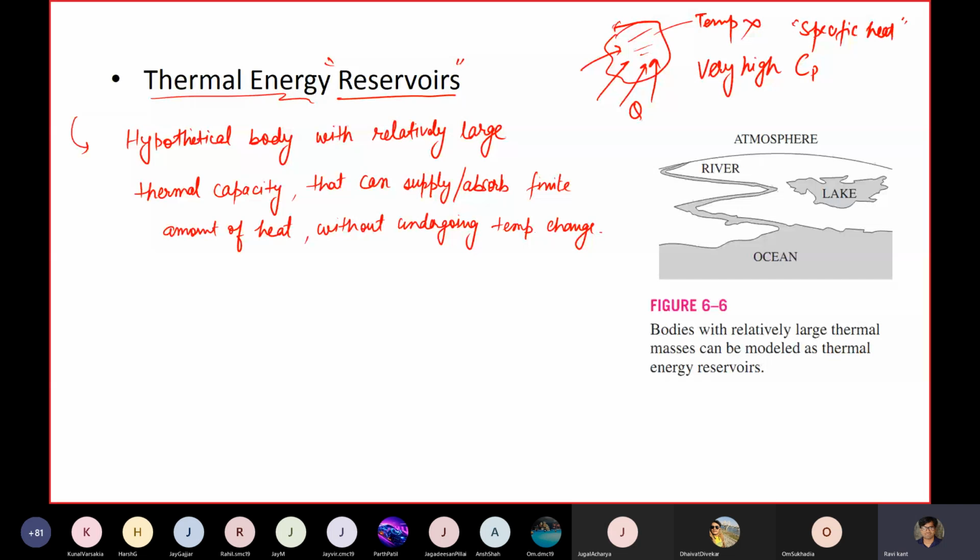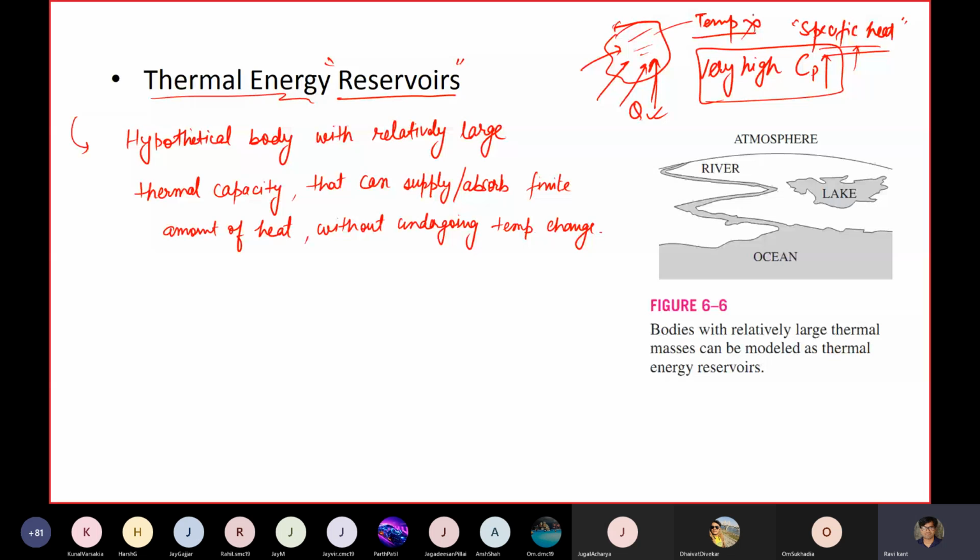Remember specific heat? The amount of heat required to raise a unit amount of substance by unit temperature. So the higher the specific heat of a substance, the higher the value of Q it will take without changing in temperature in some sense.